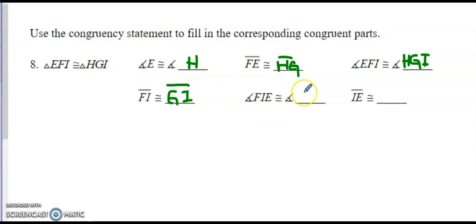So it can either be written as GIH or HIG. Either way works fine as long as I is the middle letter. And then line segment IE is the first and third letters, so the first and third letters will be the second entry. So line segment HI or line segment IH.